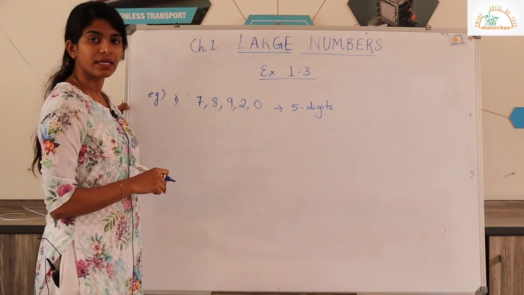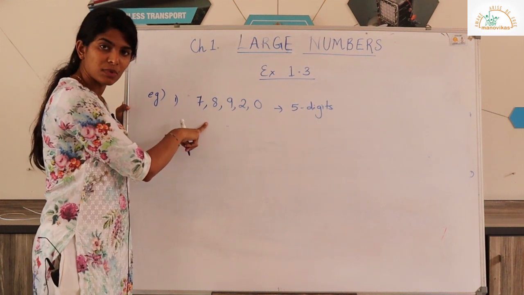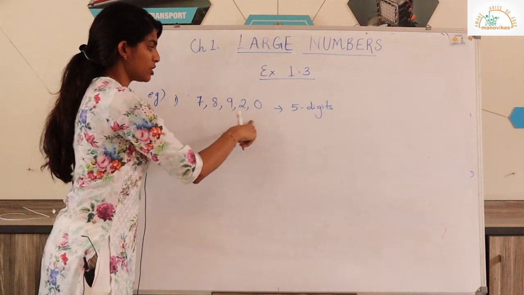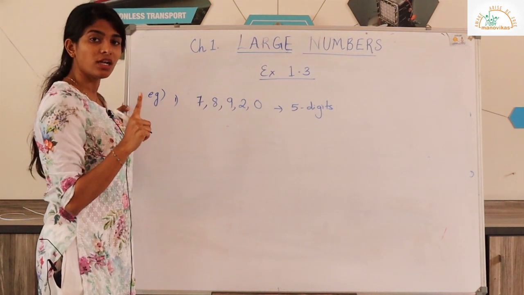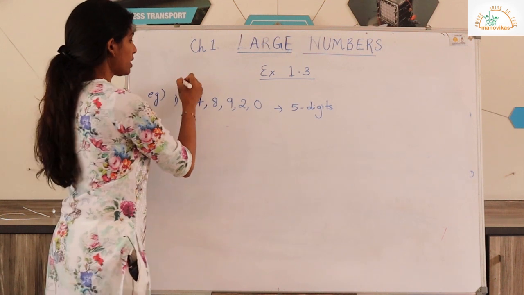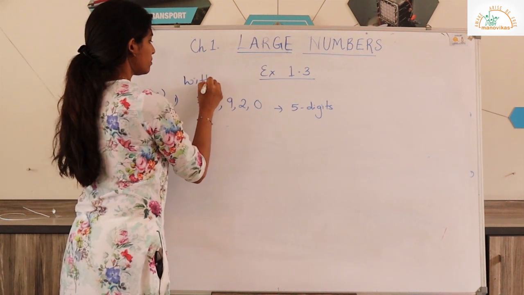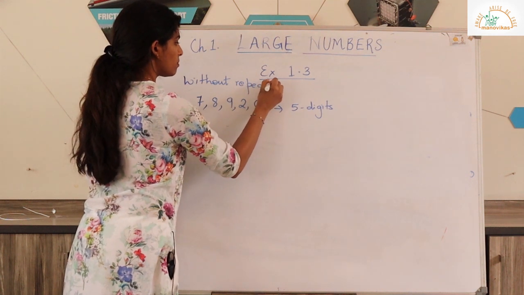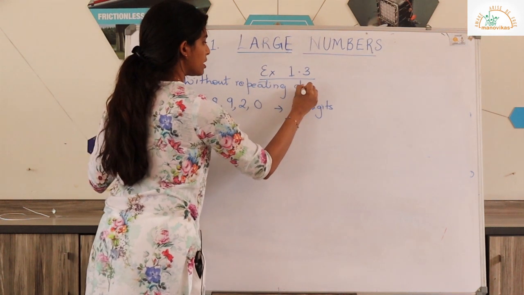I have to make the greatest number and the smallest number using only these digits which are given, and I cannot repeat the digits. So here I will write without repeating digits.